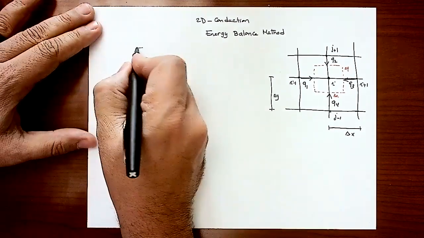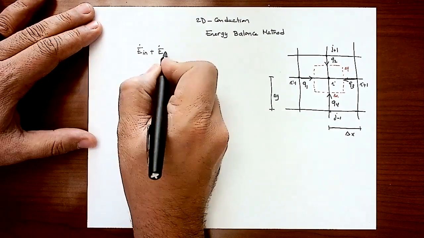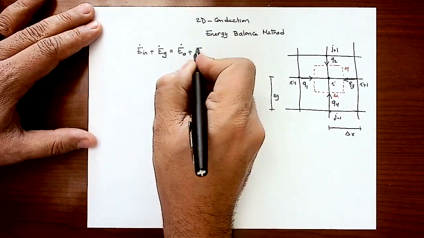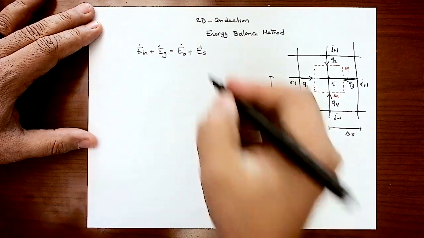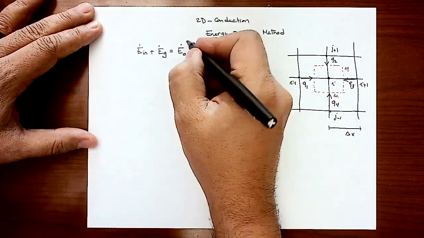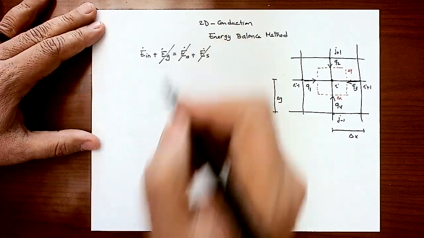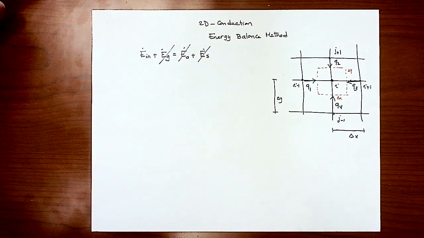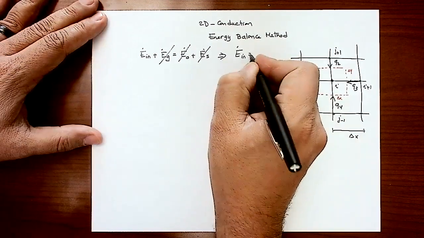Now, the equation is E dot in plus E dot generated equals E dot out plus E dot stored. If I assume there is no heat source here, this is 0 for a steady state. This is 0 because there is no heat source. If there is a heat source, we will add that later. So the energy in should equal 0.